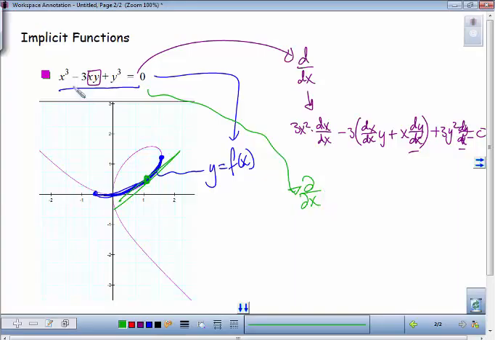Let's rewrite our function. Let's call it f of x comma y is equal to x cubed minus 3xy plus y cubed. And this is equal to 0, so let's not worry about the 0 part, and just treat this as if it was a function.